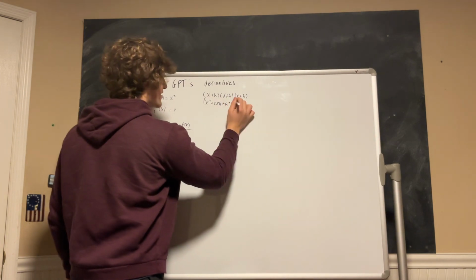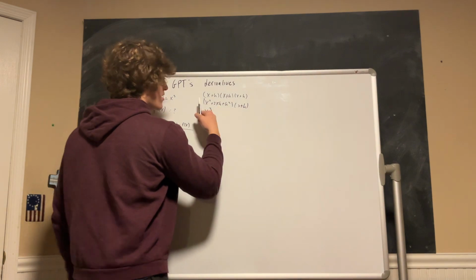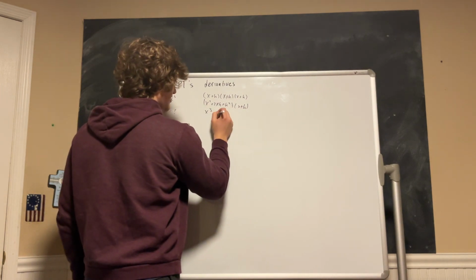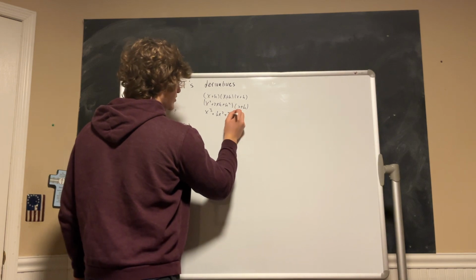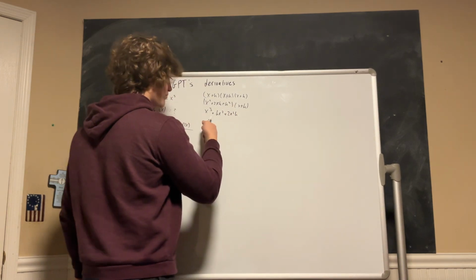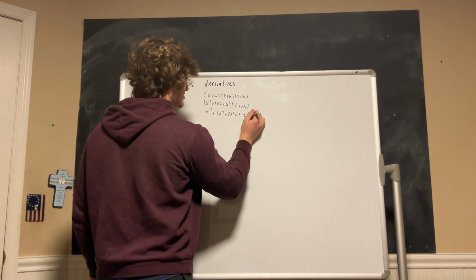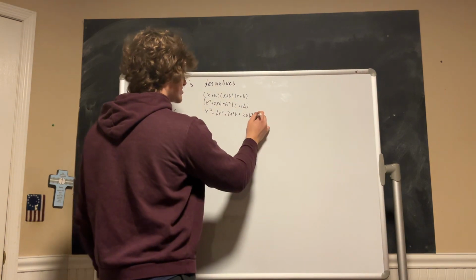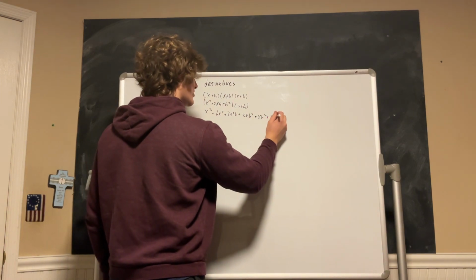And now we have to multiply that by x plus h. And this gives us x cubed plus hx squared plus 2x squared h plus 2xh squared plus xh squared plus h cubed.